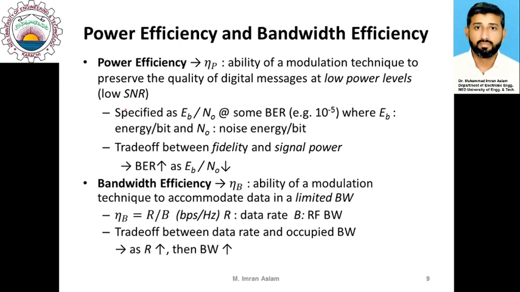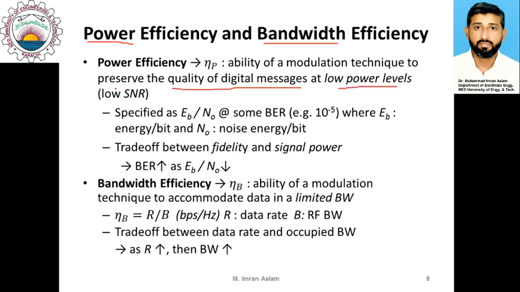There are certain efficiencies associated with these digital modulation schemes. We are generally interested in the power efficiency and bandwidth efficiency of a modulation scheme. What is power efficiency? Power efficiency, represented by eta p, is the ability of a modulation technique to preserve the quality of the digital signal at low power levels.